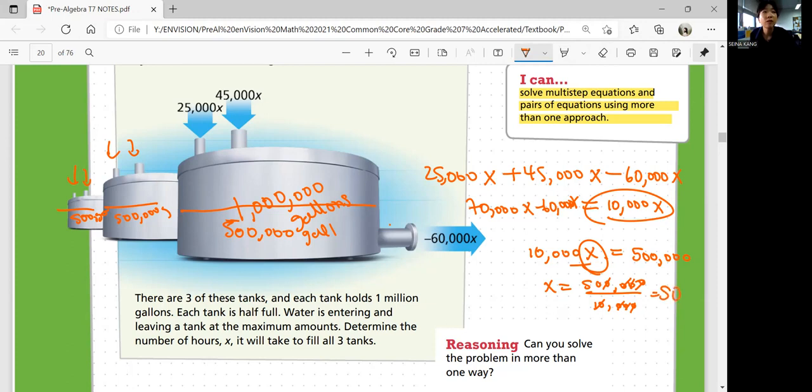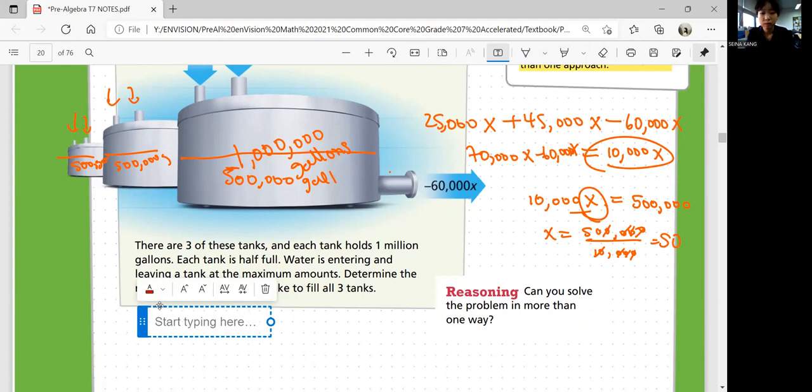So after 50 hours, it will fill all three tanks. And you don't need to multiply by 3 or divide by 3 because they're all working at the same time. If it fills this first tank, it also fills the other tanks. So you just need 50 hours. They're working at the same time. It's not like they're working separately.